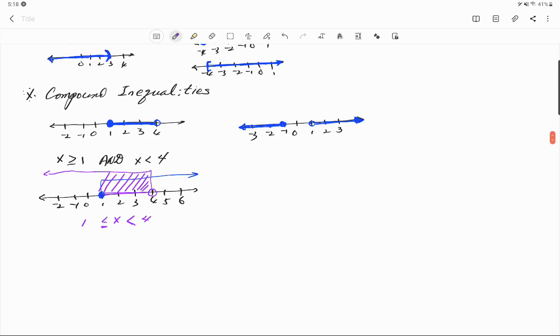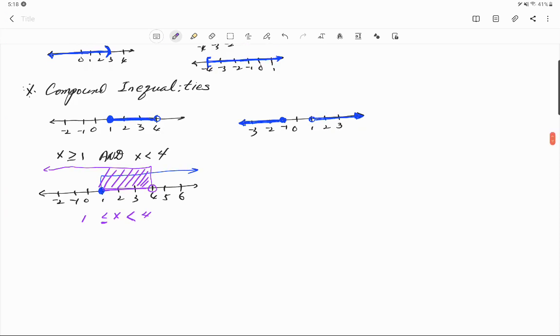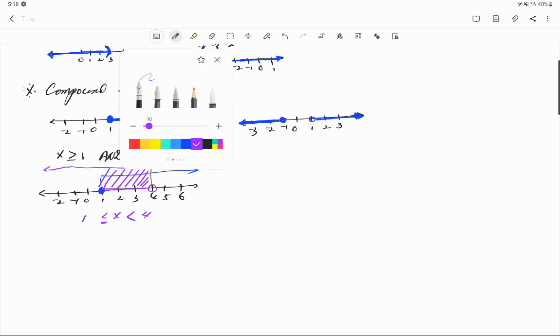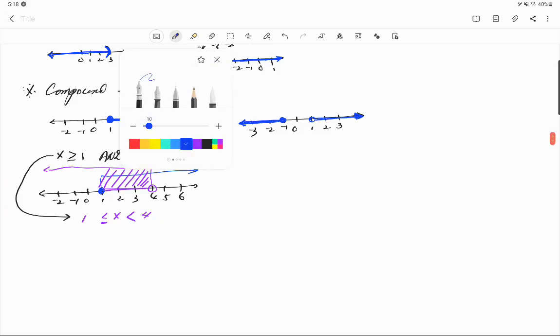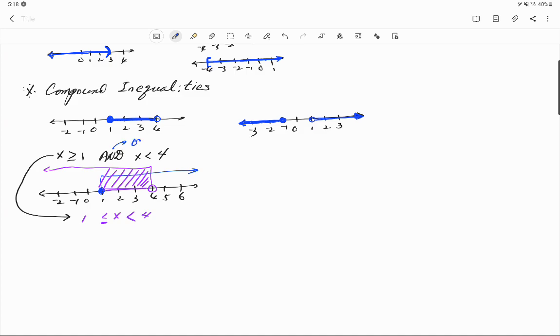So the original information is equivalent to this. And means find the overlapped area.